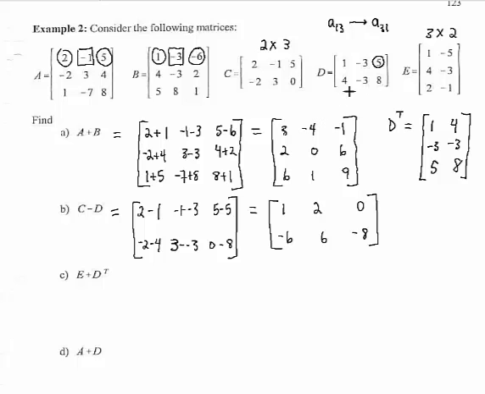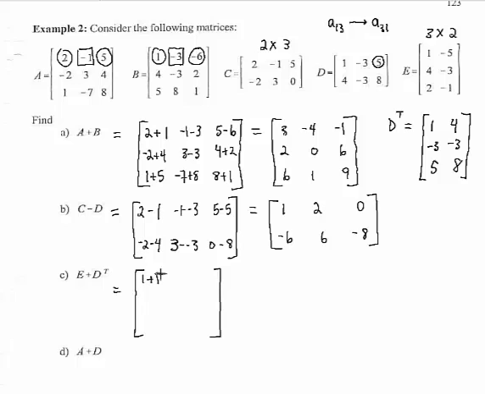Alright, and now you see that D transpose is a 3 by 2, just like E is, and so we can add these two together. And so let's see, we just simply add the numbers. The order of addition doesn't matter.